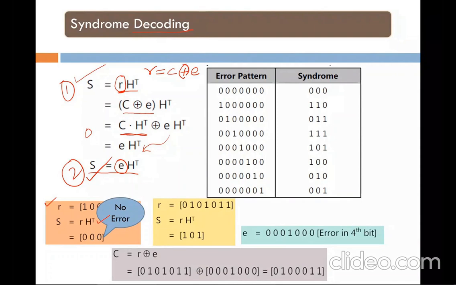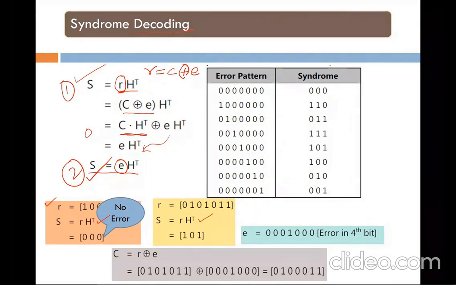But if the received code word is 010111, and when we multiply it with H transpose, we get the syndrome as 101. This is a non-zero syndrome, and when the syndrome is non-zero, it indicates that the received code word consists of some error, right?